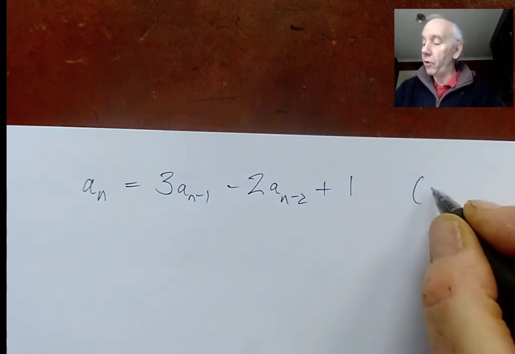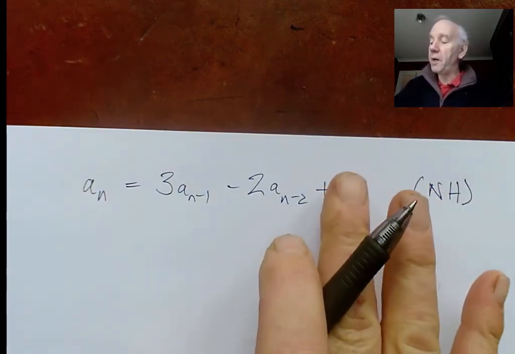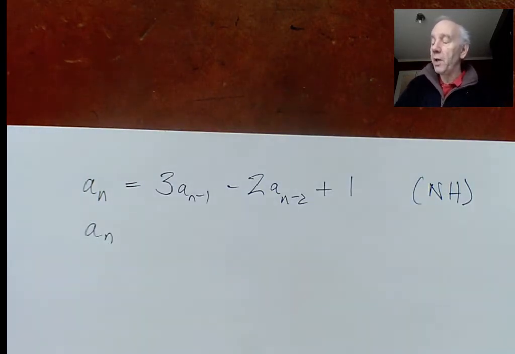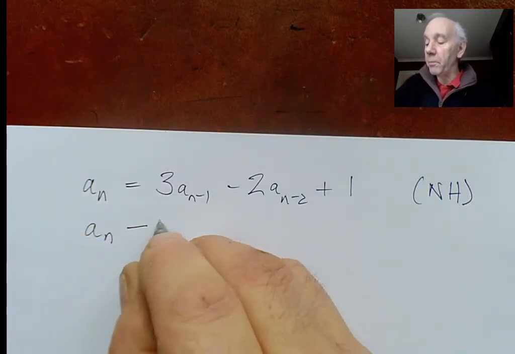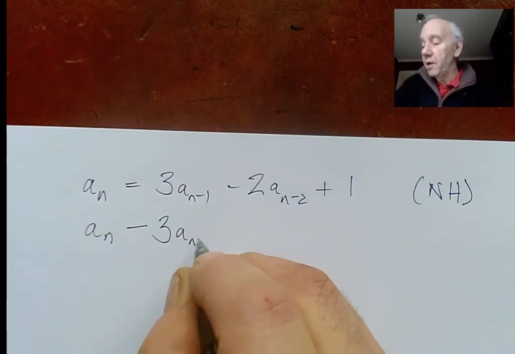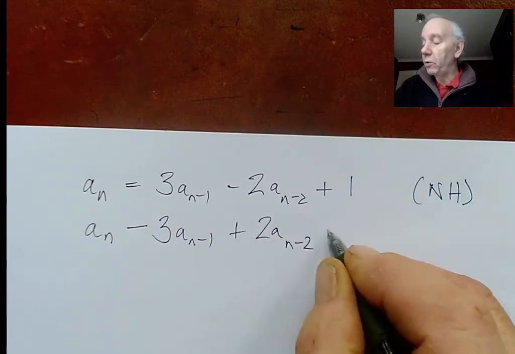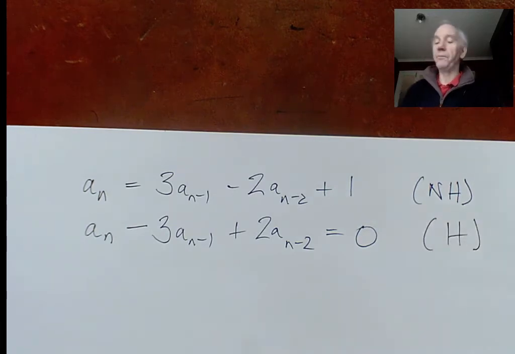That's the so-called non-homogeneous equation. For the moment, we're forgetting about this extra term, and we're considering, I'll write it slightly differently, putting the other stuff on the left: a_n minus 3 a_{n-1} plus 2 a_{n-2} equals 0. That's the associated homogeneous equation.